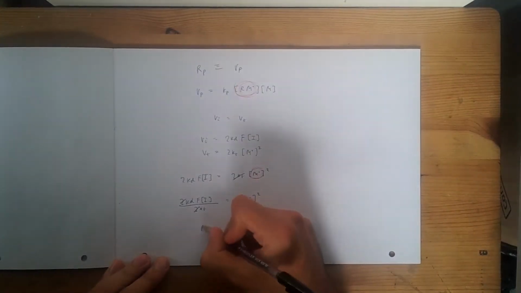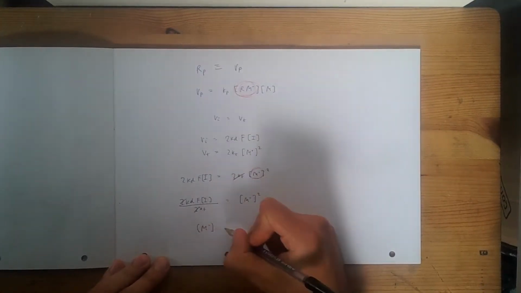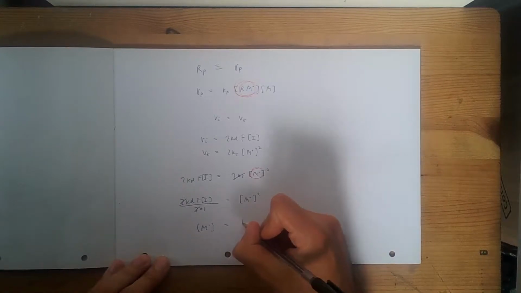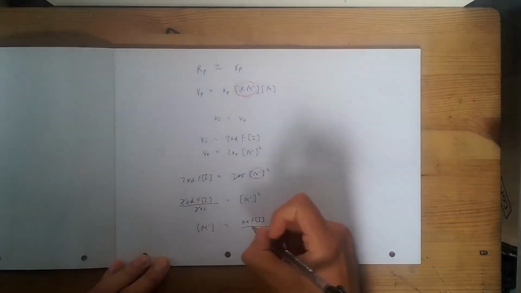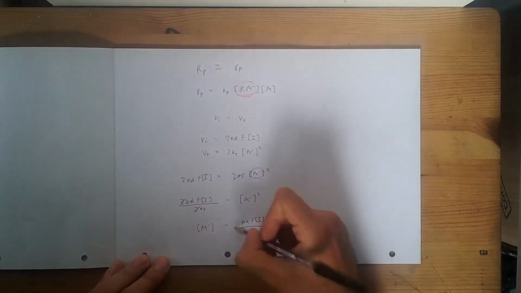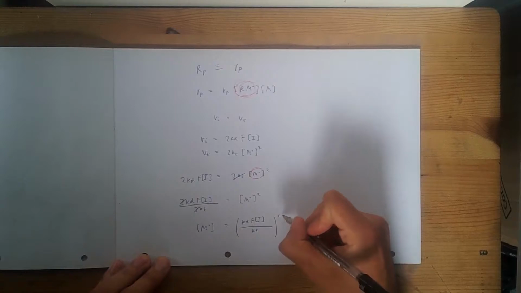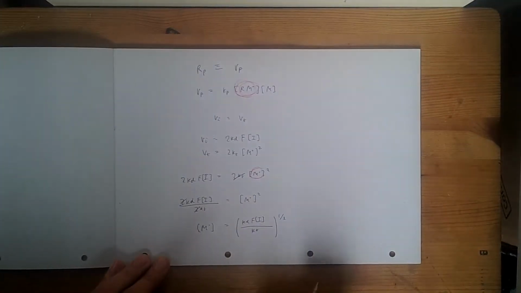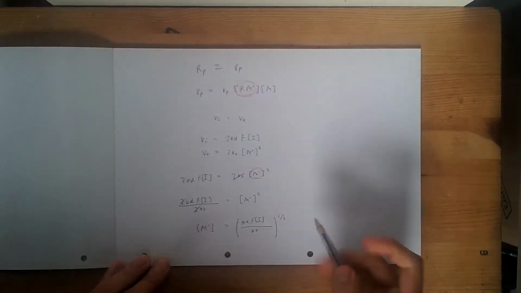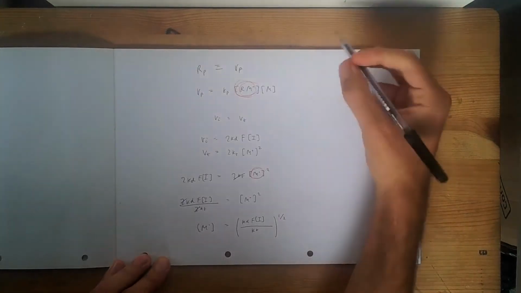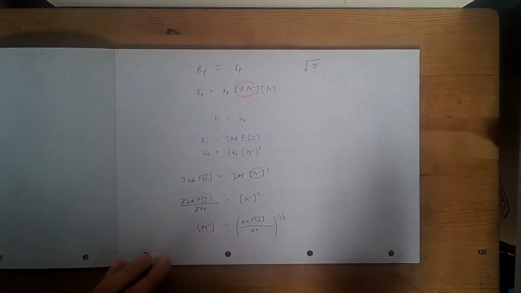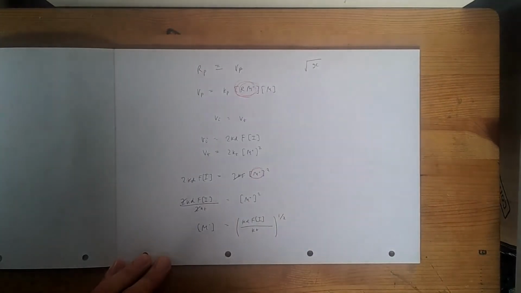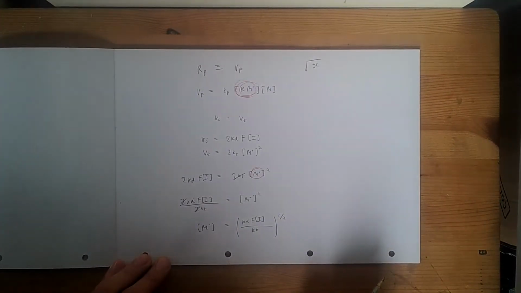So m dot is equal to kd Fi, as you can see I've removed the 2's, over kt, and all of this will be square rooted. Now you can write square roots two ways. You can either do it like this, or you can do it like, say up here, like that, as you may have seen before. They're both exactly the same. We'll do it like this, just because it makes it slightly neater.